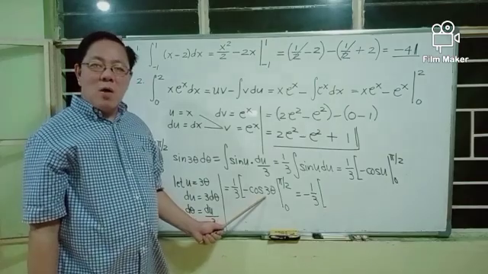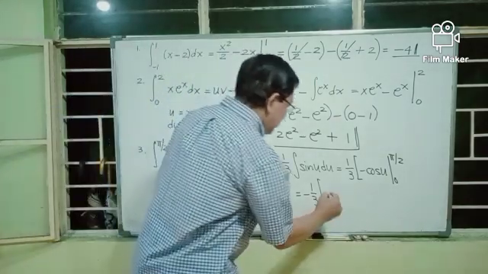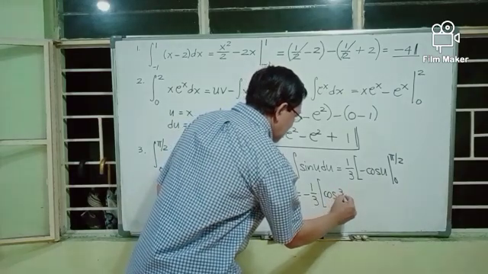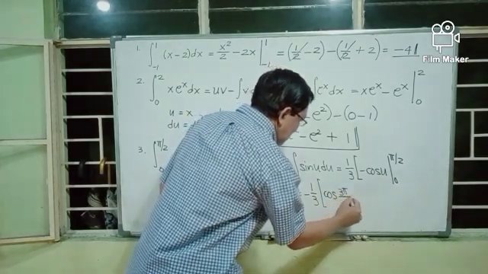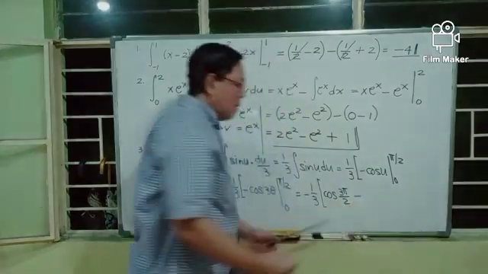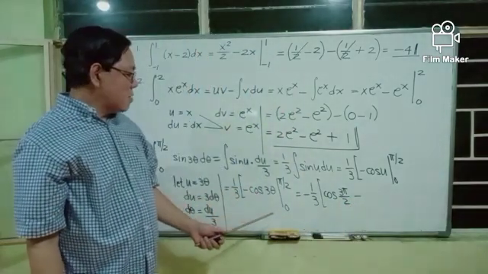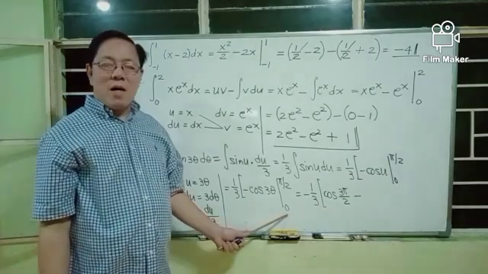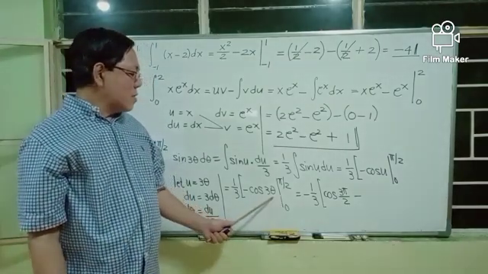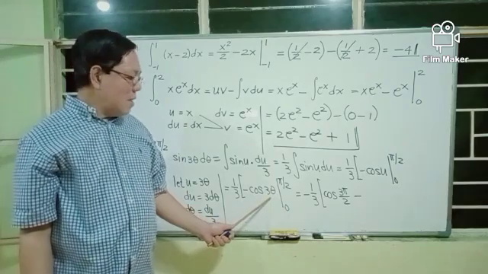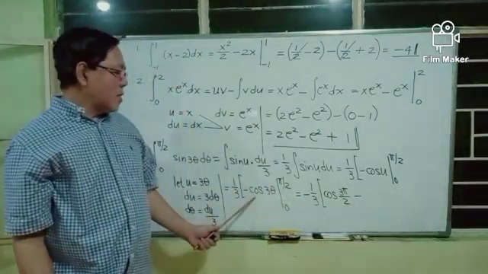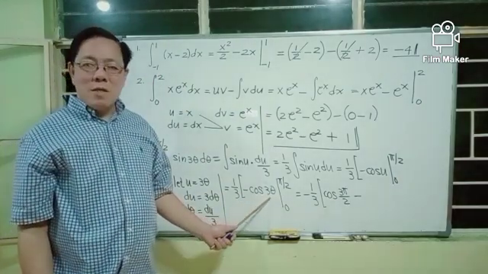Cosine of 3 pi over 2, minus, it's always minus, evaluate cosine 3 theta when theta is 0. When theta is 0, multiply by 3 is 0. So we write here minus cosine of 0.